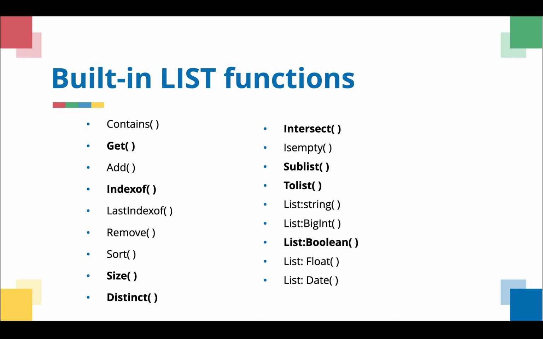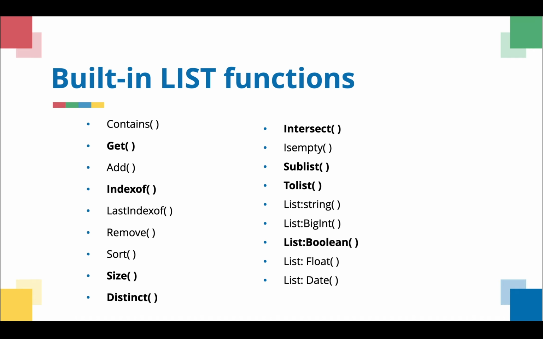Then we have get, which allows you to retrieve an element at a particular position. So if you say, I want to see who's at position 0, and you say get 0, it'll return what value is sitting in that particular position.